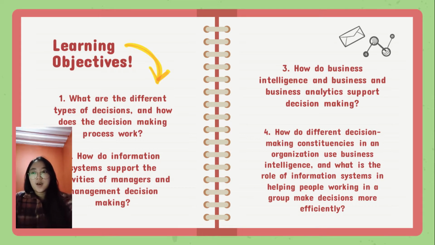We also have how do business intelligence and business analytics support decision-making. And the last one, we will explain how do different decision-making constituencies in an organization use business intelligence, and what is the role of information system in helping people working in a group make decisions more efficiently.